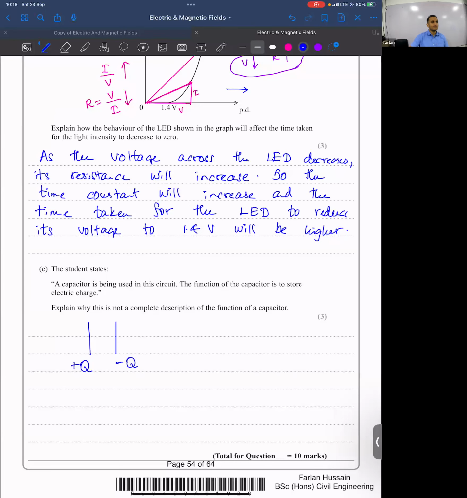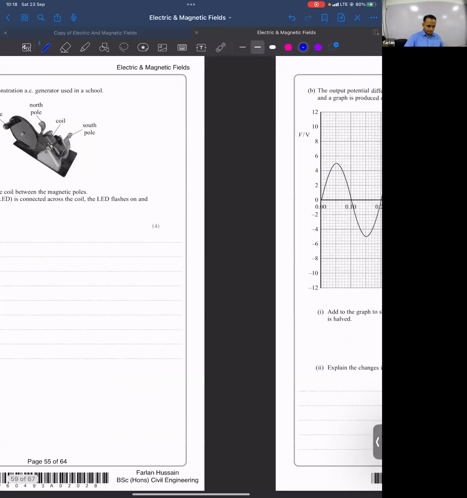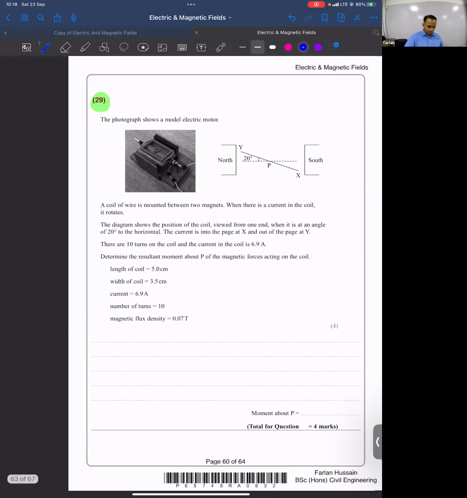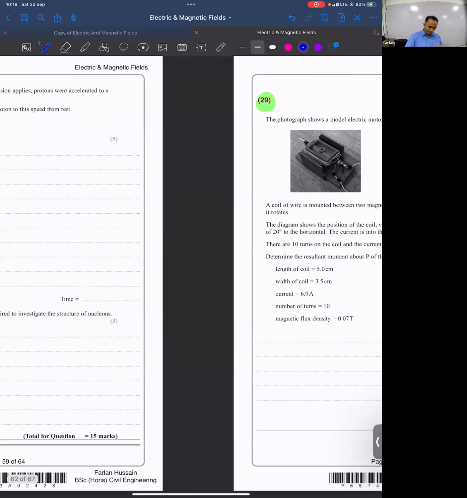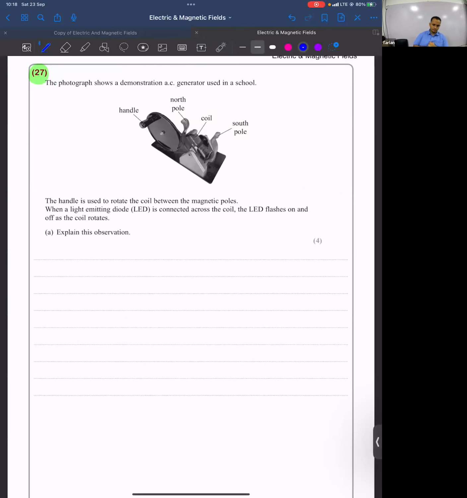What's next? 27. The photograph shows a demonstration AC generator used in a school.